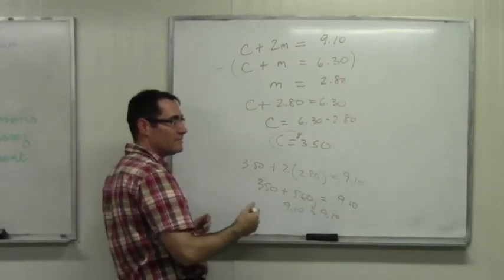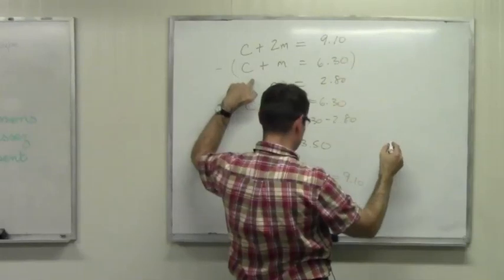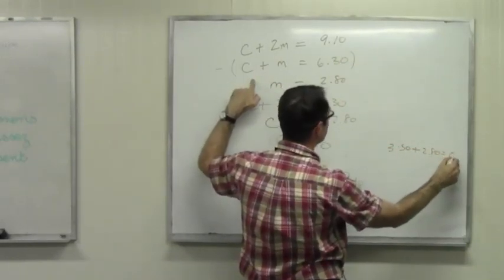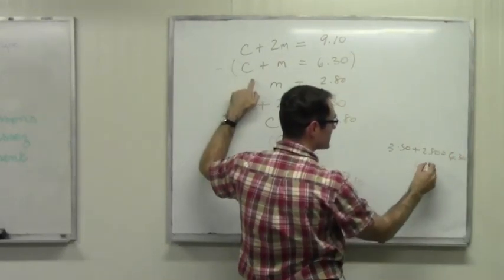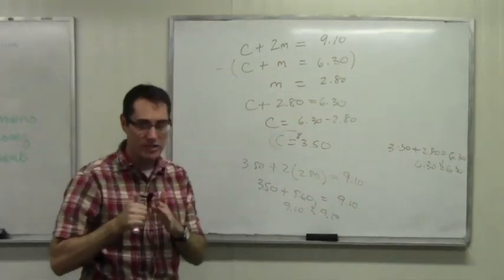Check. OK? And then you should also plug it into the other one, too. A coffee plus a muffin, 350 plus 280 should equal 630, which it does. 630 equals 630. OK? Always check your answers.